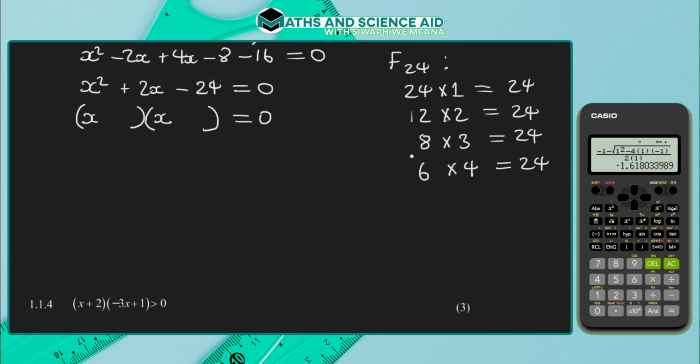And now going back to the equation, we need to take note of the fact that the sign of 24 here is negative. So what this is telling us is that in these factors here, the signs should not be the same, for the products.